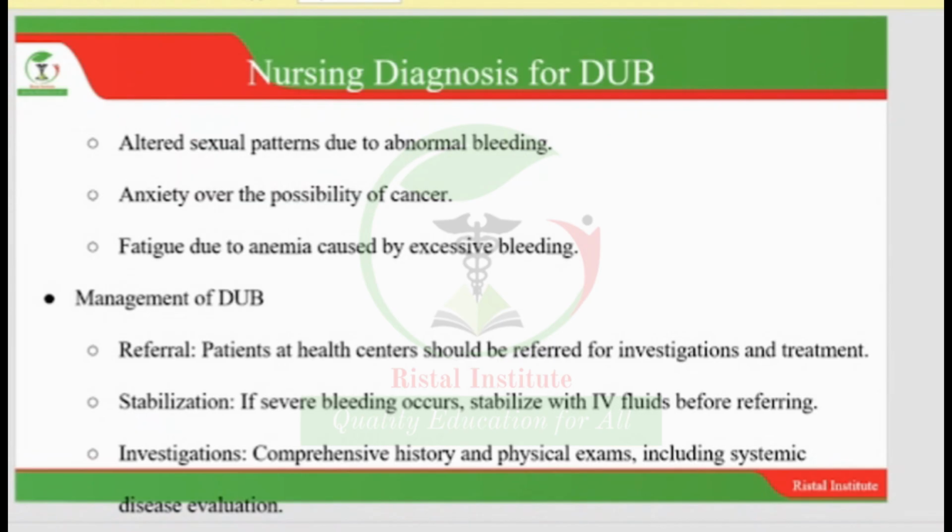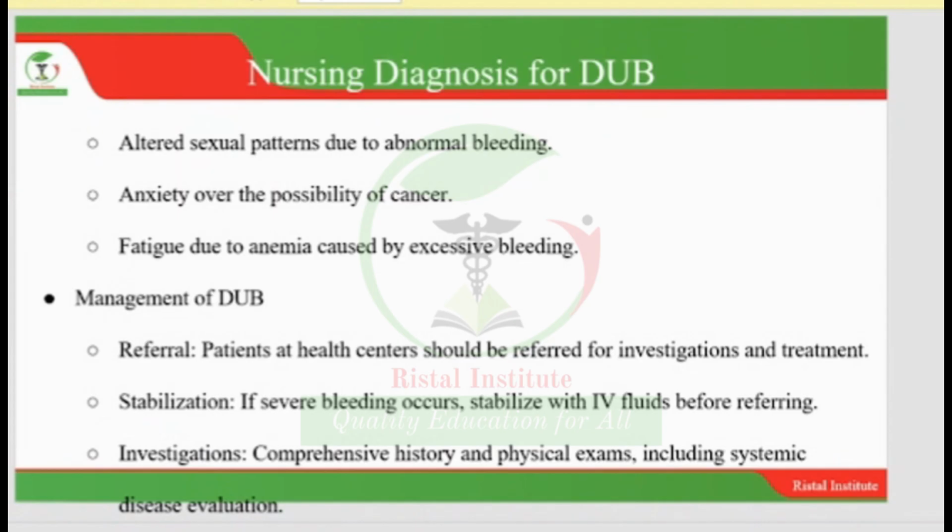Nursing diagnosis for DUB: altered sexual patterns due to abnormal bleeding. So the woman cannot enjoy sexual activities with her partner because of the kind of bleeding that is happening.